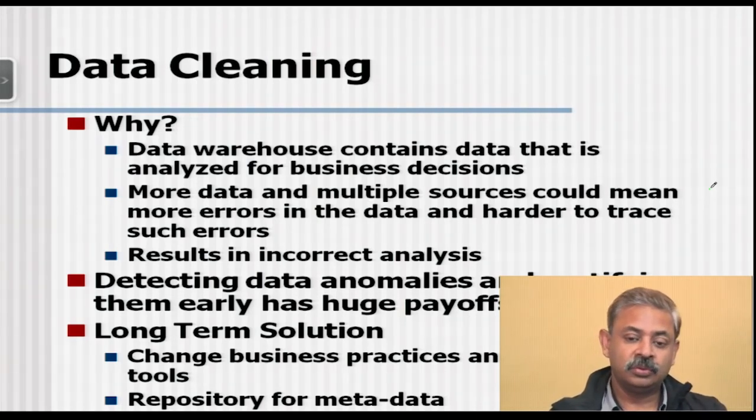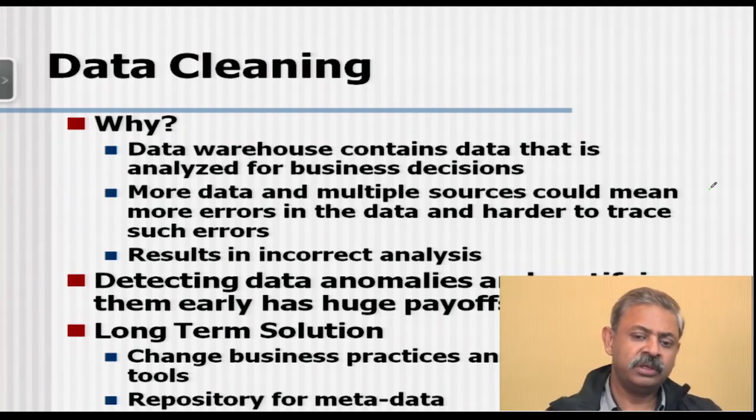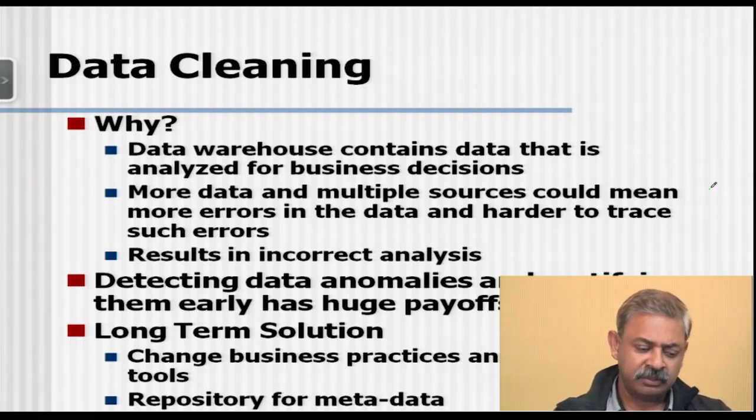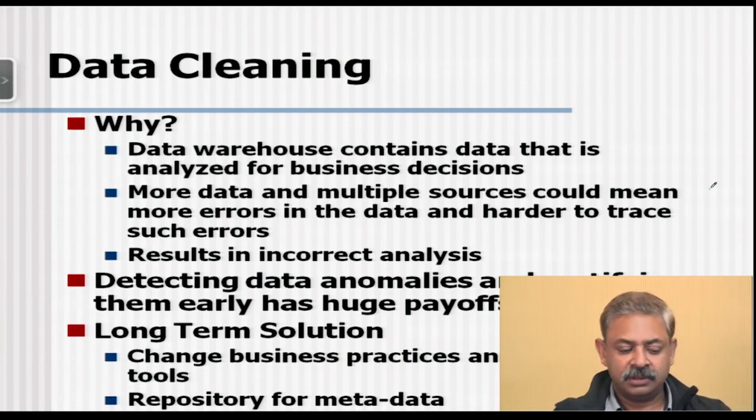If you know something about data integrity in a relational environment, if you put a proper set of constraints on your data, it becomes really difficult for errors to creep into the data.